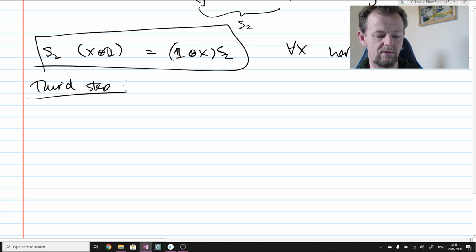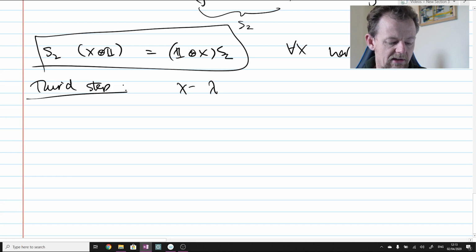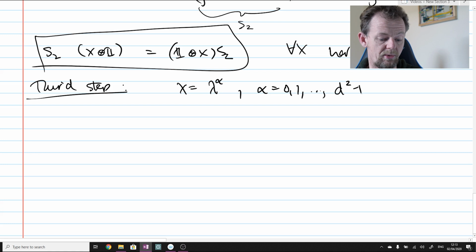Since this is true for lots and lots of x's, we're going to apply it for some special x's that we like. So the x's that we like here, we're going to choose x in turn to be each of an operator basis of d by d Hermitian operators. So we'll let x be in turn lambda to the power alpha, where alpha runs from 0 to d squared minus 1.